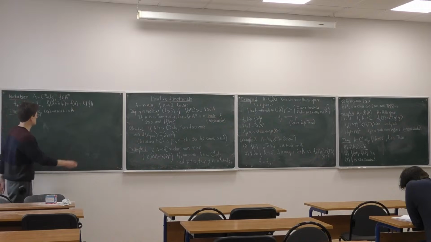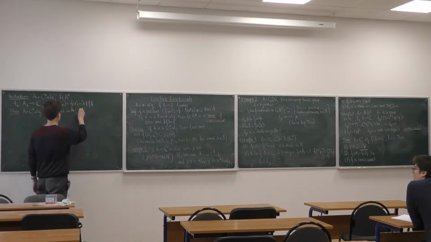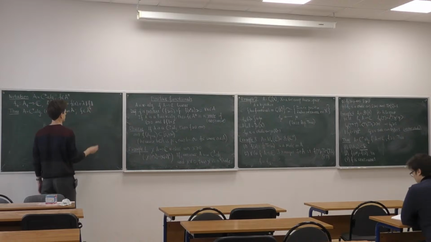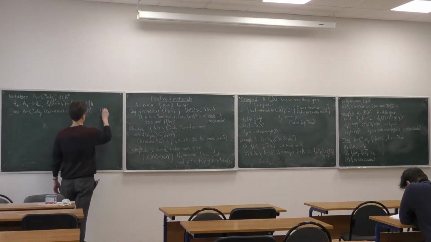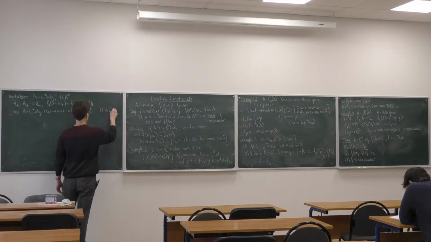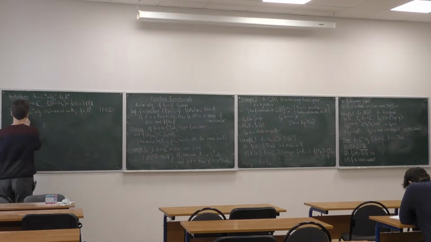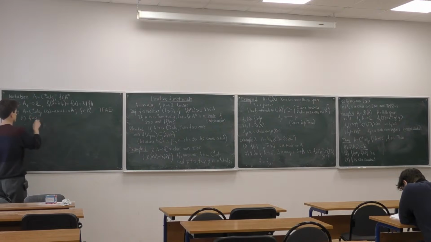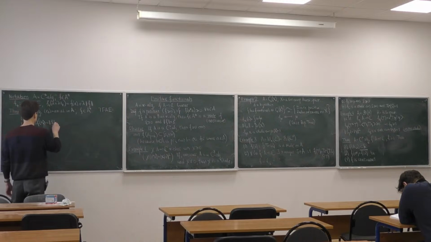So E lambda is an approximate identity, and suppose that f is a bounded linear functional on A. Then it turns out that the following conditions are equivalent. Condition 1, f is positive. Condition 2, the limit of the net f of E lambda exists and is equal to the norm of f.